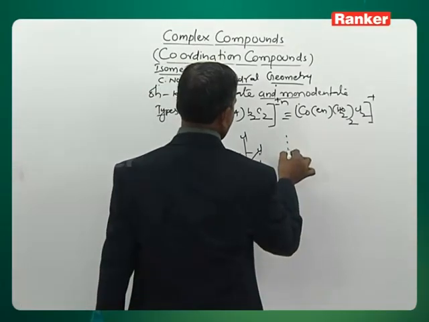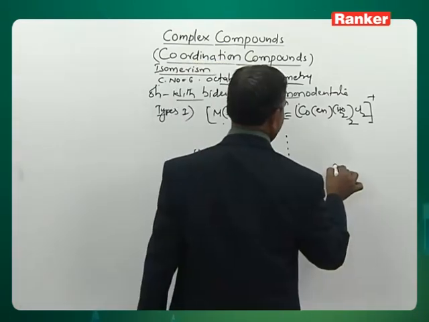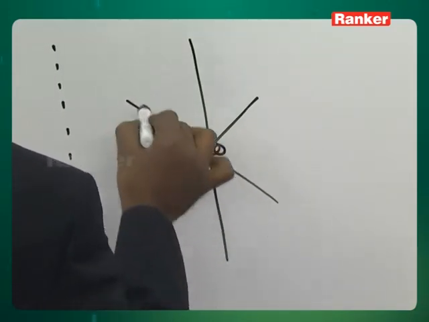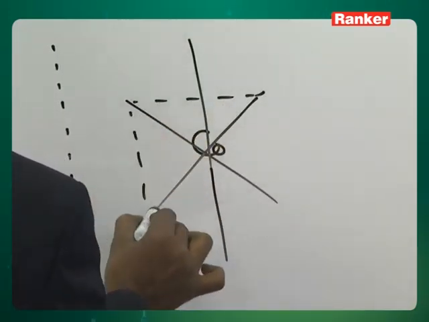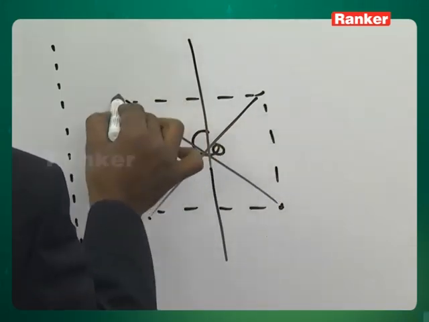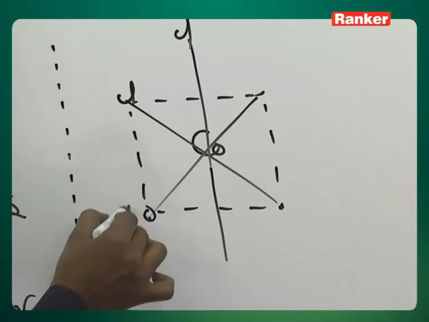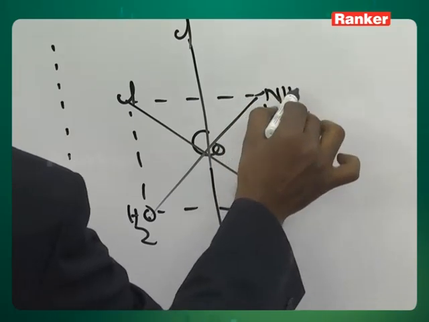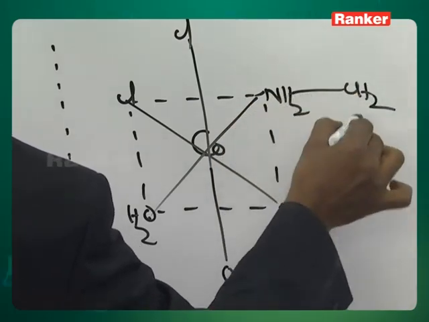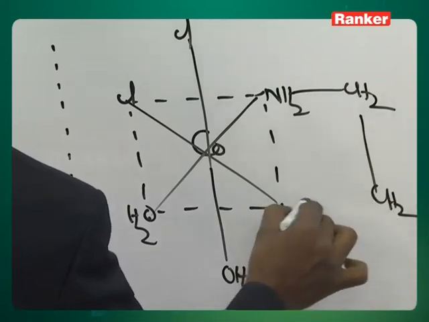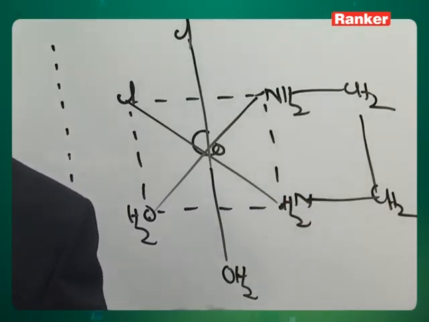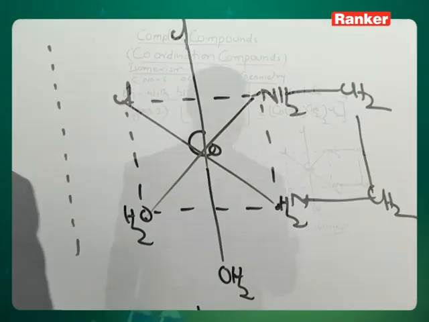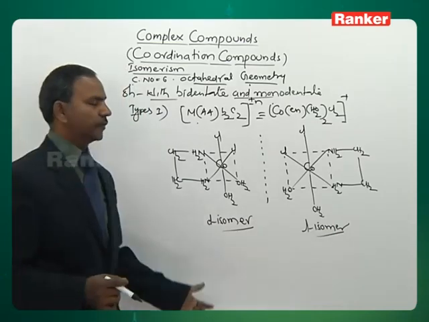So put the mirror plane, then Co, D isomer, L isomer, like this.